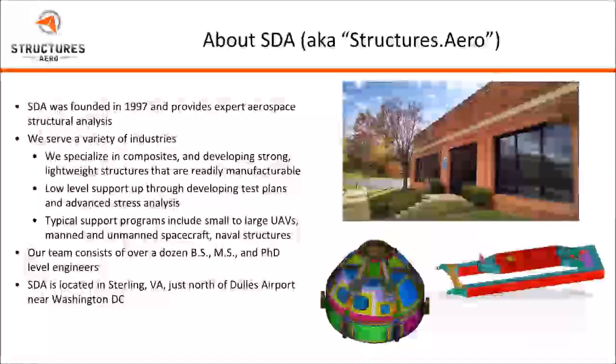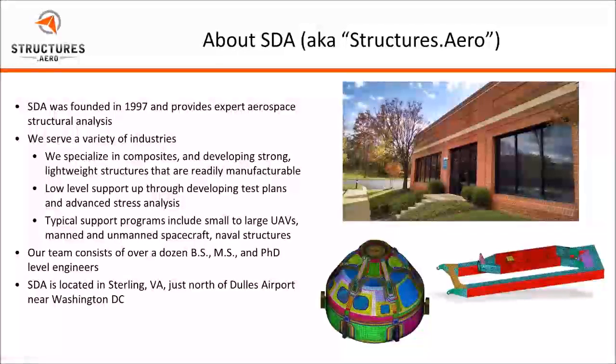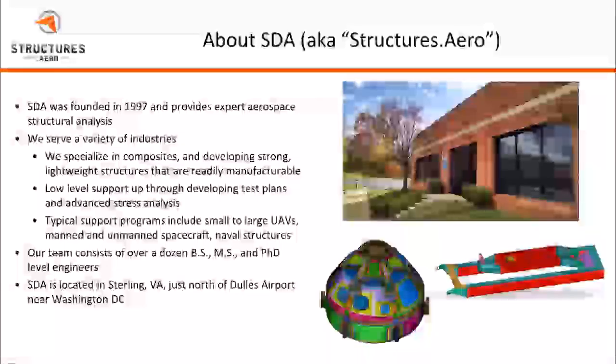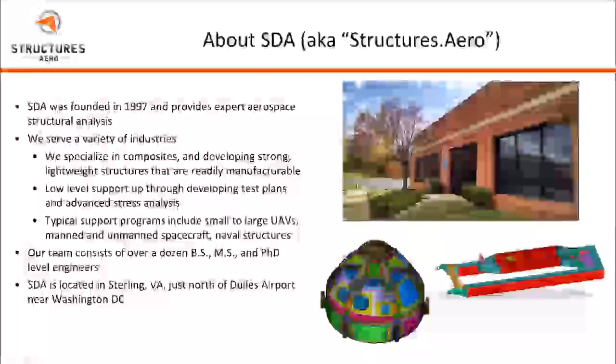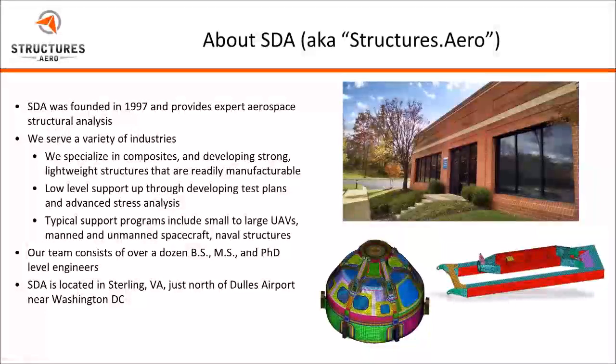So we are Structural Design and Analysis, otherwise known as Structures.Aero, and that is our website. We were founded in 1997, and we provide expert aerospace structural analysis to a variety of industries. We specialize in composites, doing strong, lightweight structures that are readily manufacturable.